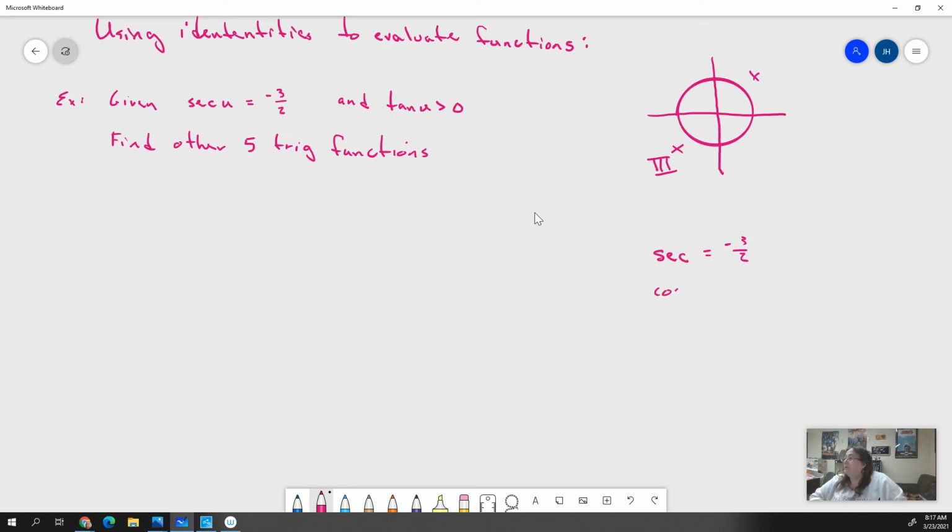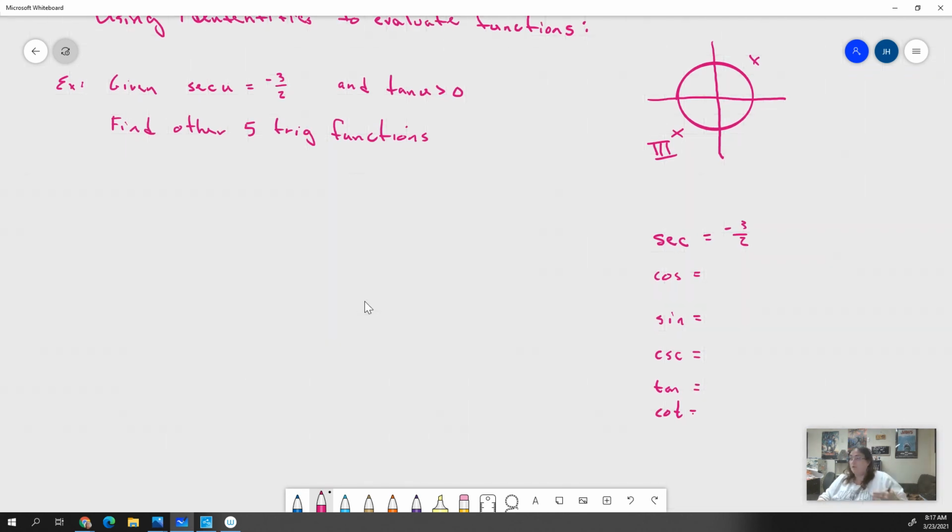We need to find out cosine, sine, cosecant, tangent, and cotangent, right? And we're going to start with cosine. The reason we're going to start with cosine is that I know that secant of u equals 1 over cosine of u, using my trig identities.